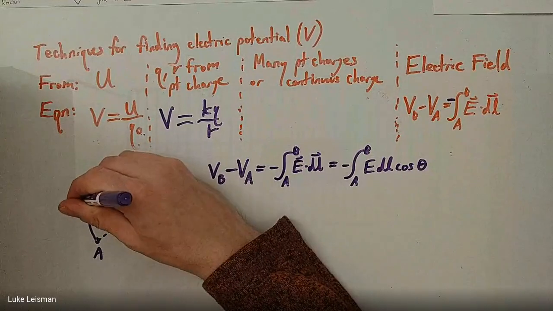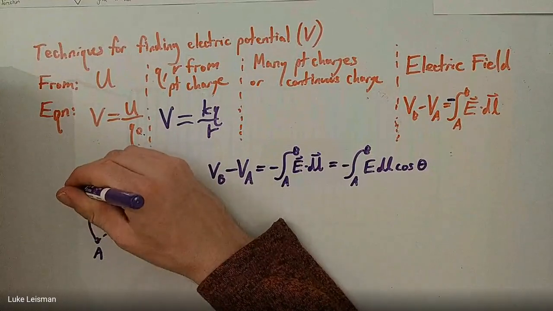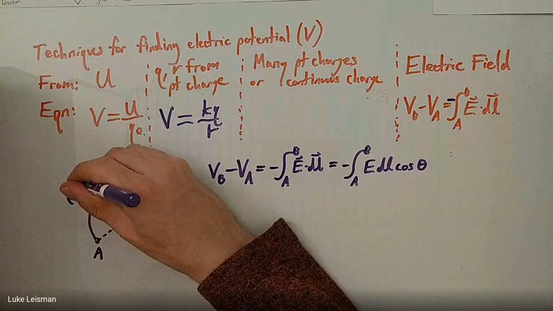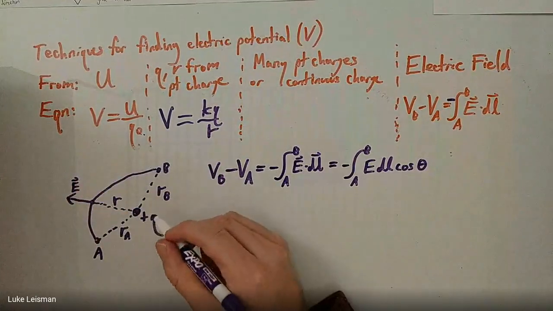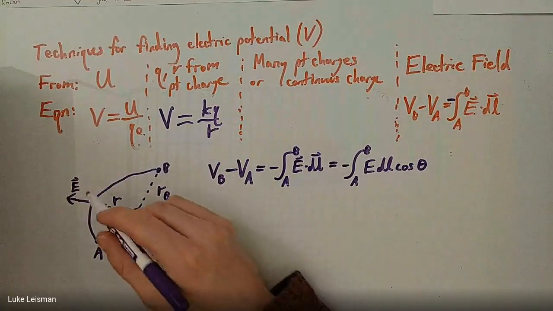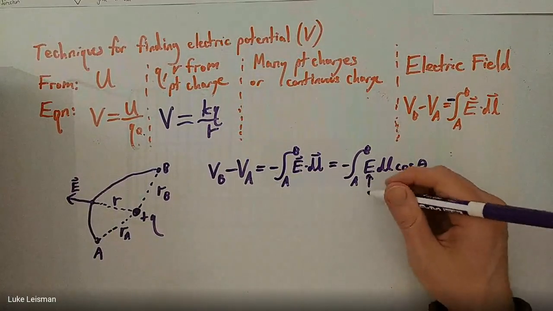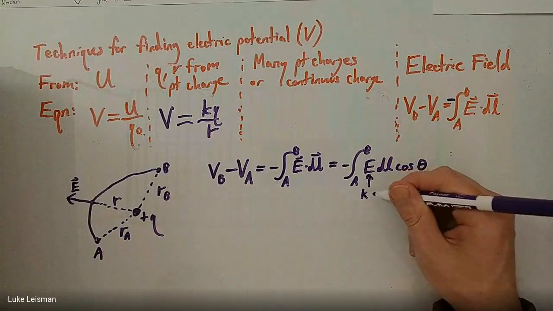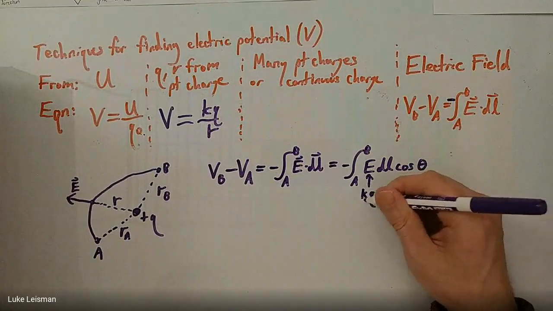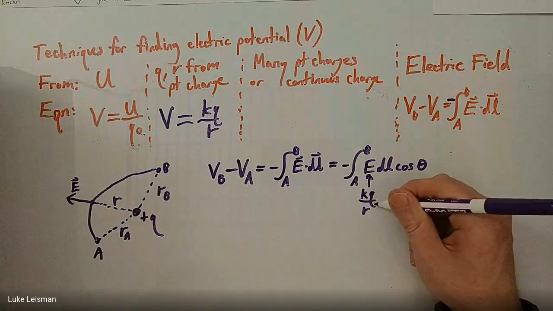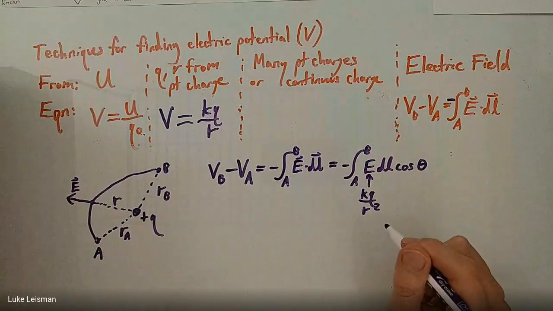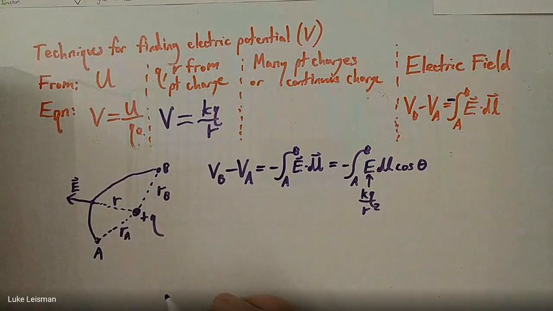And we know that there's an electric field that points radially away from that point charge. That's what the electric field does from point charges. And we know what the magnitude of the electric field is. The magnitude of electric field for point charges some distance away is just going to be k times q divided by r squared. That's the magnitude of electric field from some positive point charge.